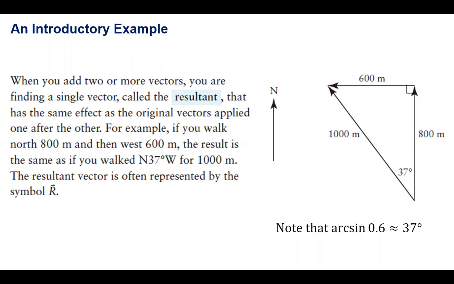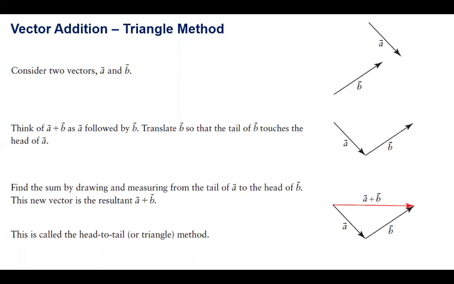So basically, we want to have a rule for vector addition, right? There are two methods we can use to find the resultant vector. First, let's consider the triangle method for vector addition. Consider two vectors A and B like this.